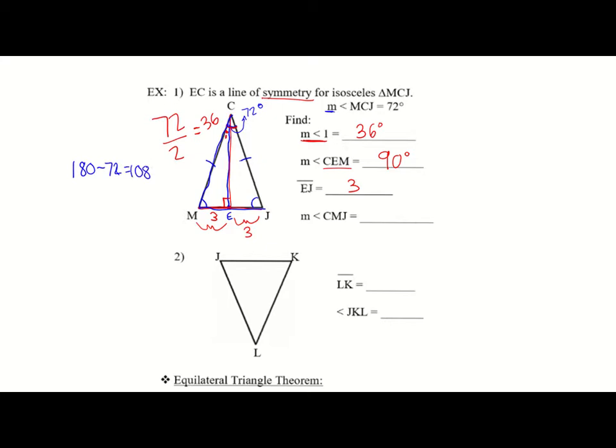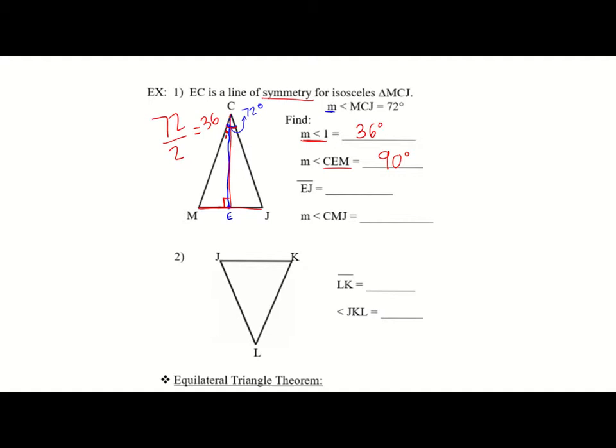So if I have 108 degrees left to split up into these two angles, and I know that those two angles are the same, I'm going to take that 108 and divide by 2, which gives me 54 degrees. So if this angle is 54 degrees and this angle is 54 degrees, then all three of them will add up to 180. So that is the angles I'm missing here, 54 degrees.